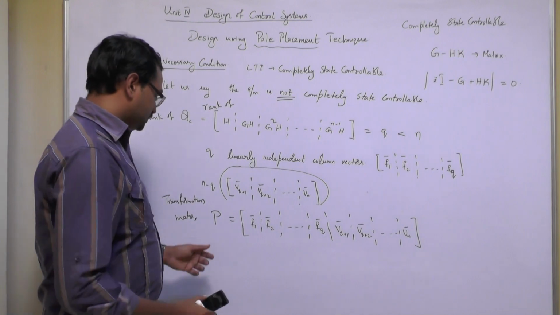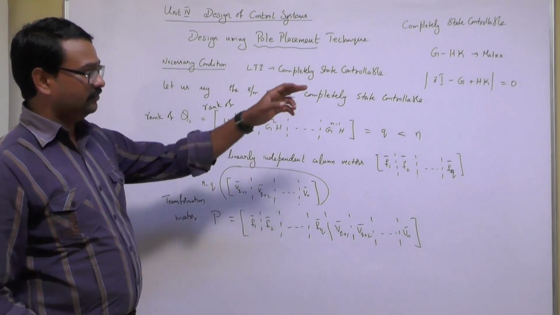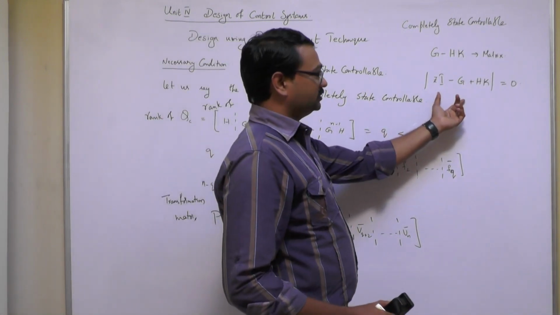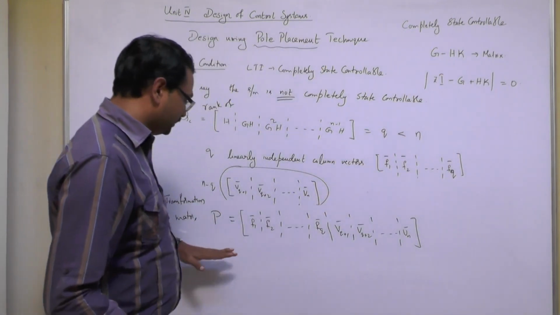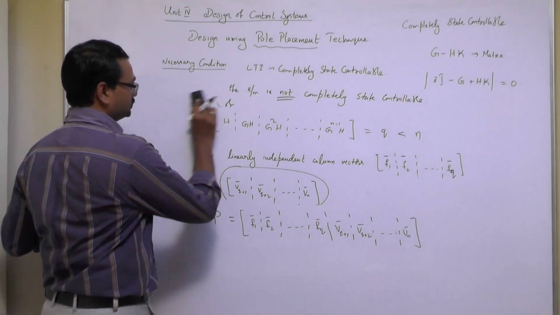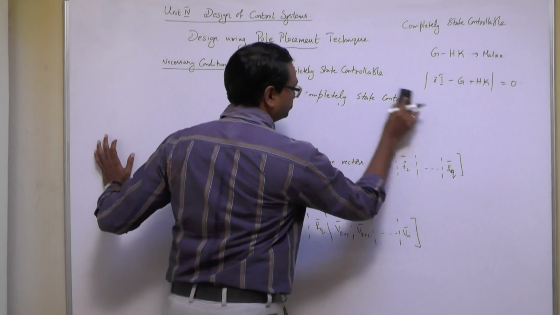With this transformation matrix, we should be able to find another characteristic equation after applying the transformation to the existing system. What is the existing system for us?